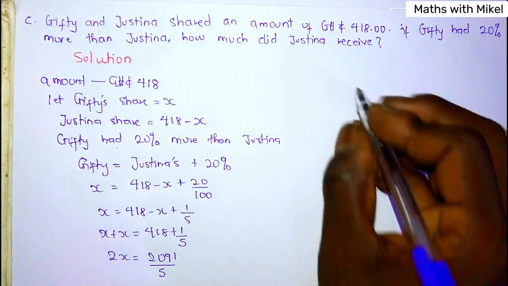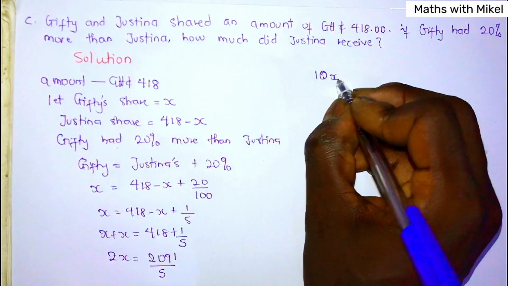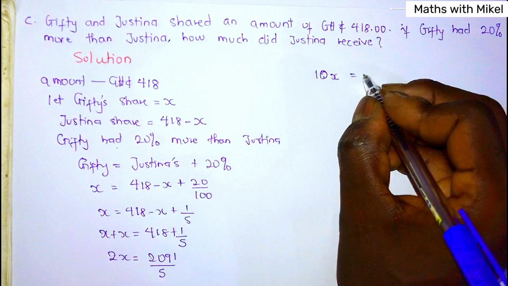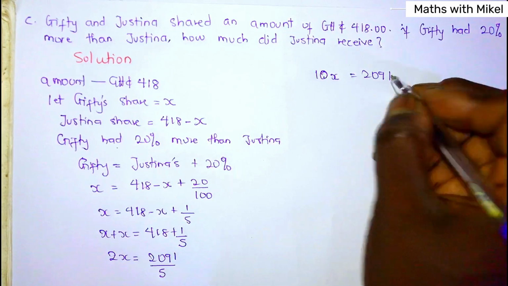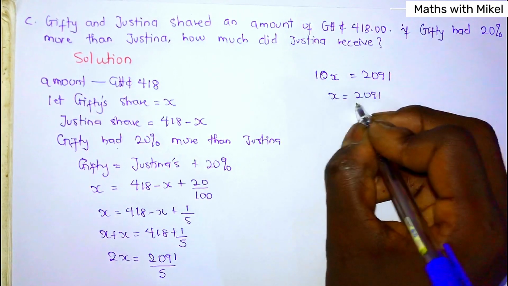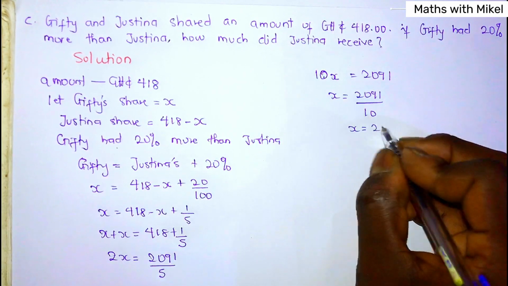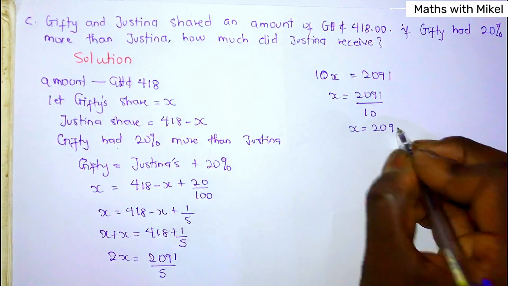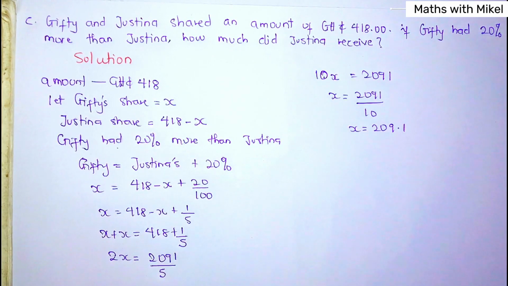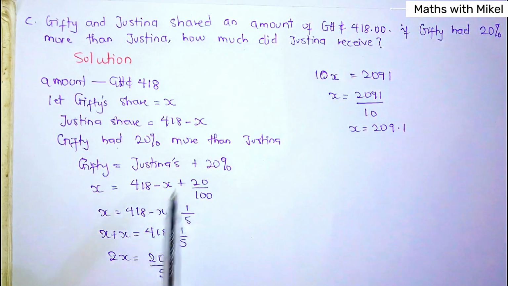So let's continue here. If we multiply through by 5, we get 10x equal to 2091. So x is equal to 2091 divided by 10, and that's 209.1. So the question is asking how much did Justina receive?